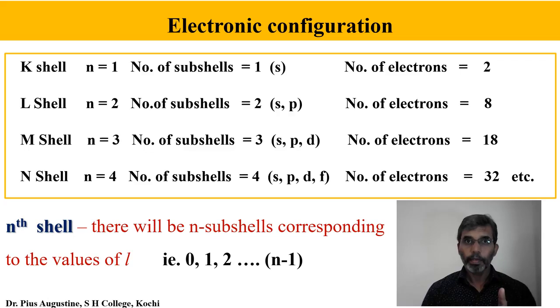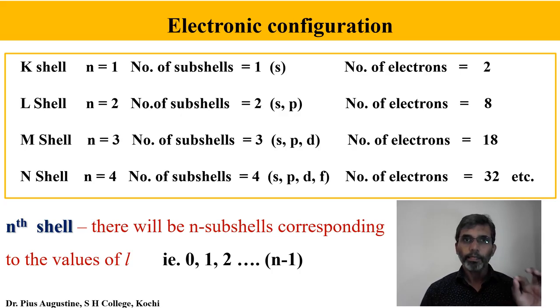Not the value of l, but the number of l values. How many l values? That is 0 to n minus 1, which fix the number of subshells in a shell. You just think and understand this discussion. Maybe pause for a minute and analyze whether you get this picture here.